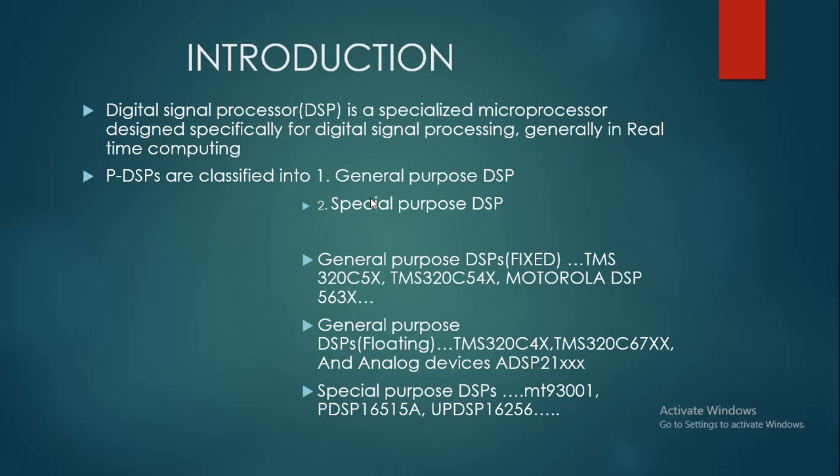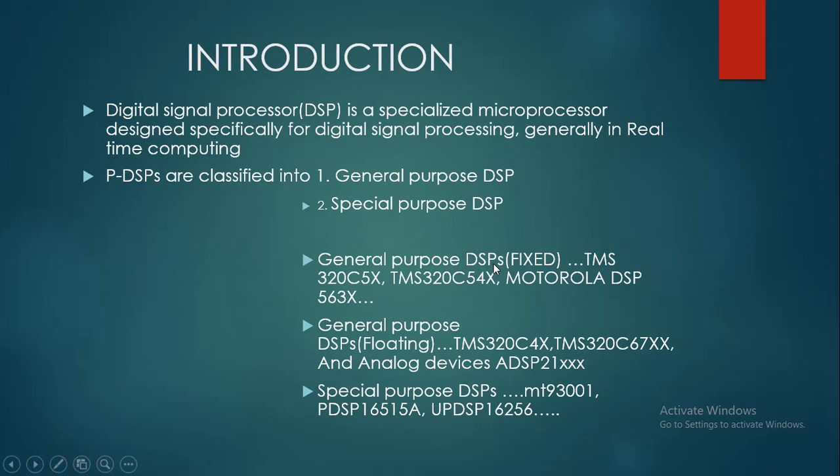General purpose DSPs are high-speed microprocessors with architecture and instruction set optimized for DSP operations. They include two types of processors, called fixed point processors and floating point processors.